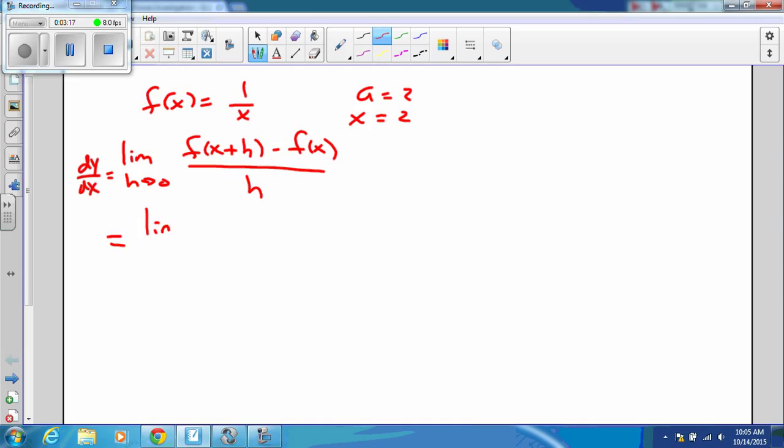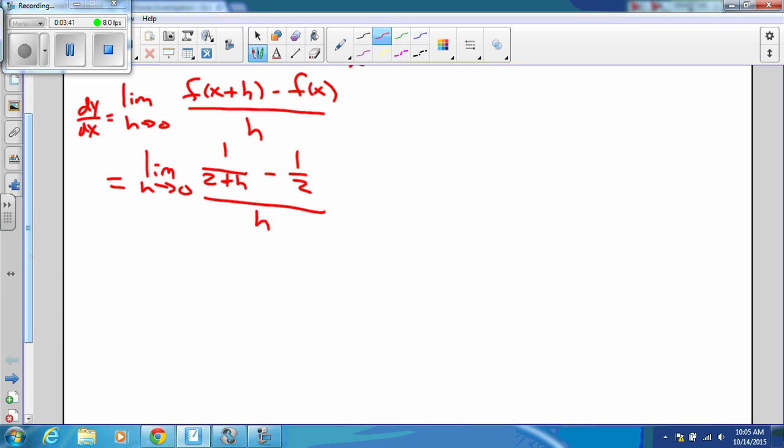All right, now we can substitute. Our function is 1 over x, and our value of x is 2. So that my direct substitution now gives me exactly this. This is, in some sense, the hardest part. All right. Now the question is, what do I do with my compound fraction?